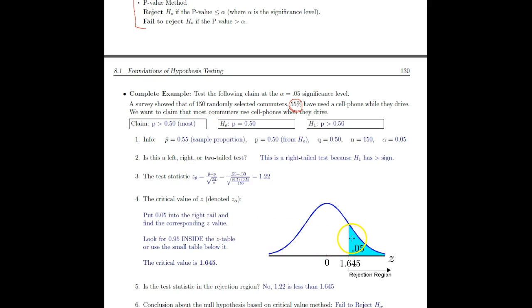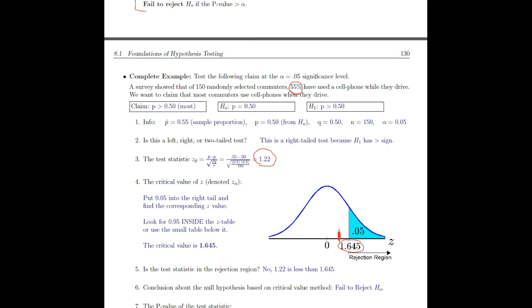A right-tailed alpha of 0.05 has a critical value of 1.645, and the test statistic of 1.22 does not fall in the rejection region. If our rejection region is everything greater than 1.645, well, 1.22 is somewhere around here, so it is not in the rejection region.